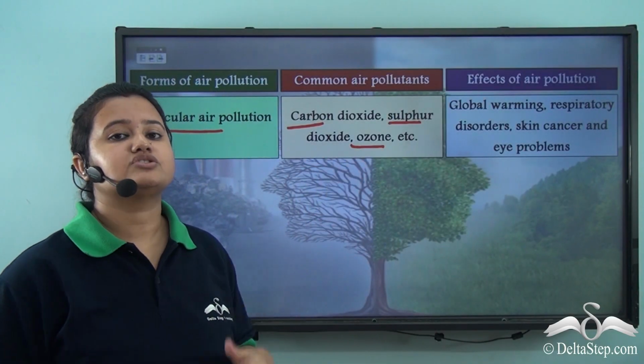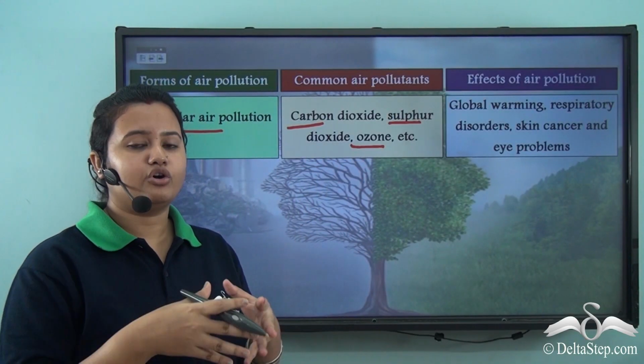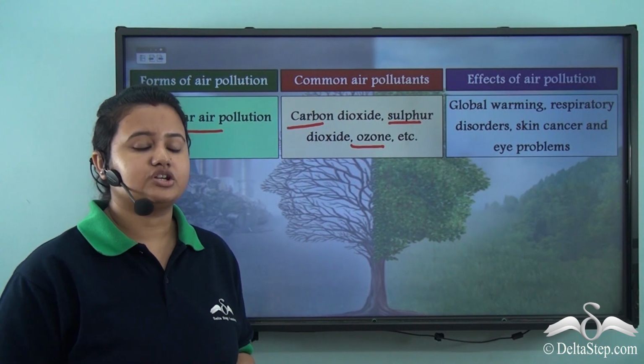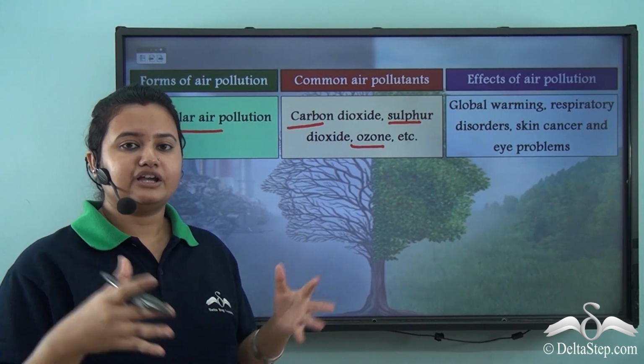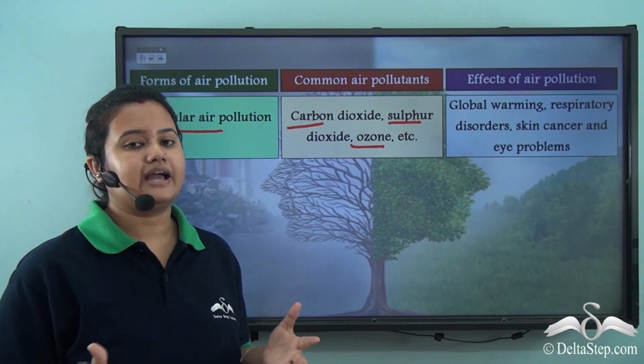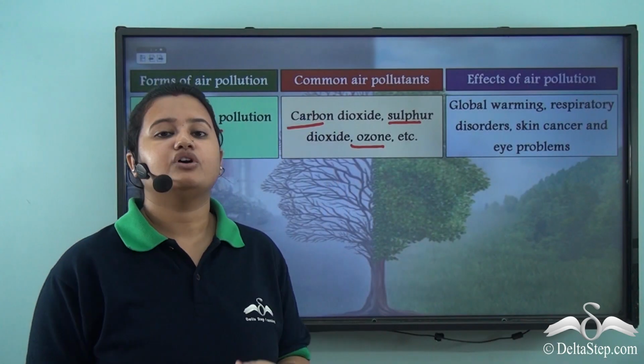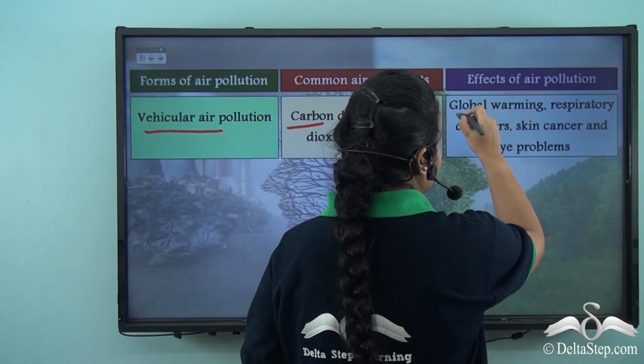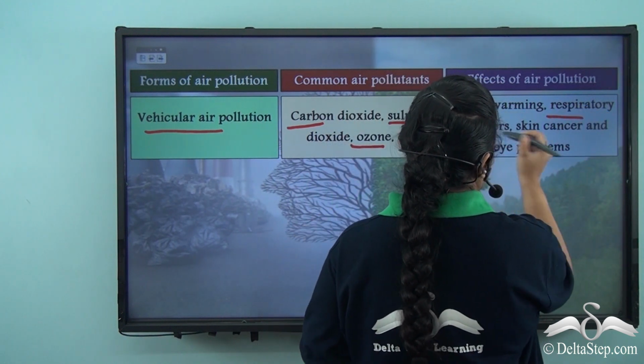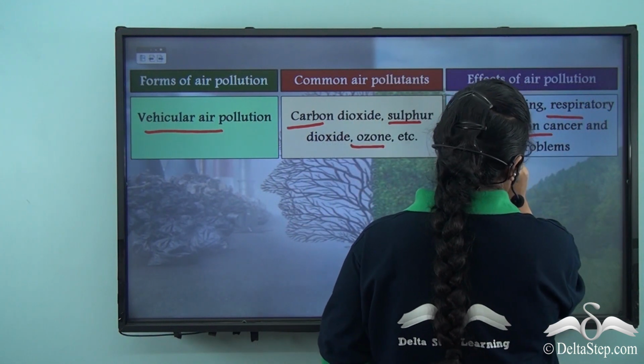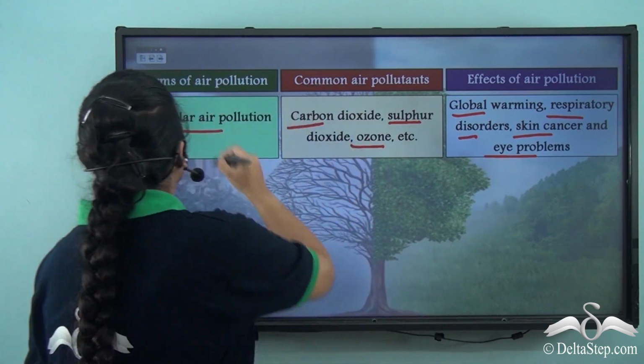Now these pollutants not only degrade the quality of air, but also have direct effects on the health of human beings and plants. The major effects are global warming, respiratory disorders, skin cancer and even eye problems.